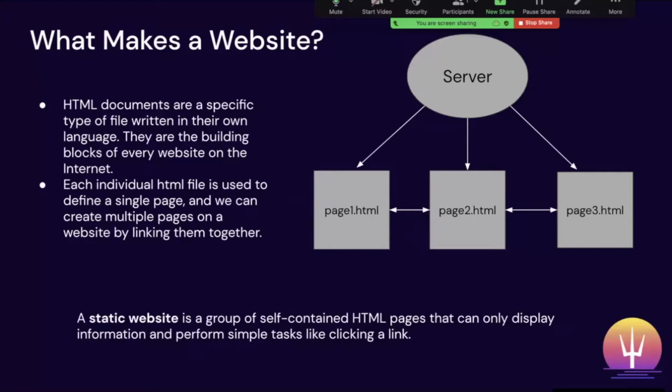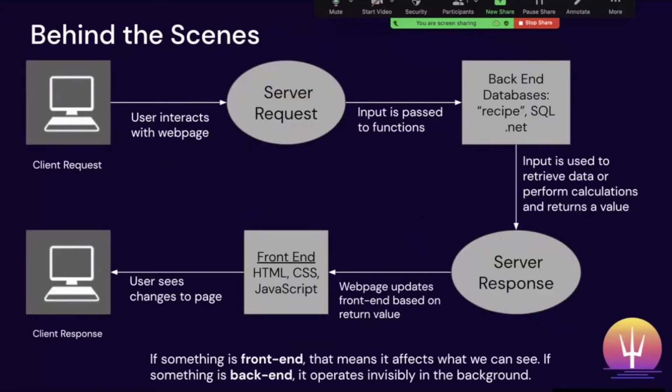on the same website. So now behind the scenes, we want to understand a little bit more about how the functionality works. When the user is on a web page, they can interact with it by scrolling, clicking buttons, or a lot of other things. That's going to send some kind of signal to the backend and all of the code we've written.